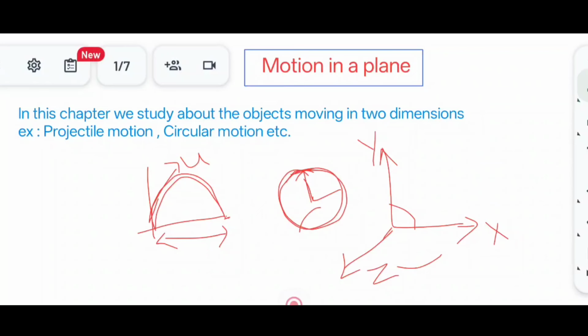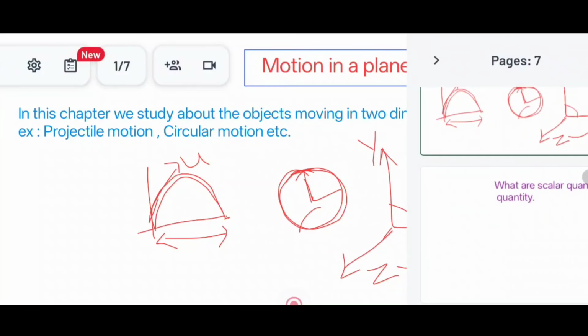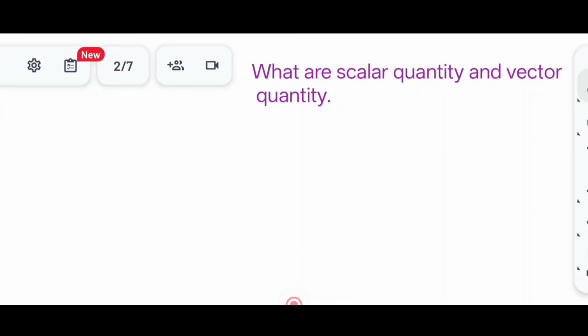Before that, let us see what are vector quantities and scalar quantities. Let us see the scalar quantity first. I think you are already familiar with the physical quantities that we studied in the first chapter itself, that is units and measurement. Now we are moving ahead with these physical quantities.